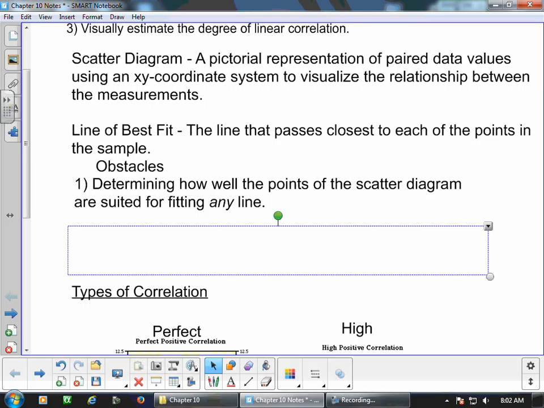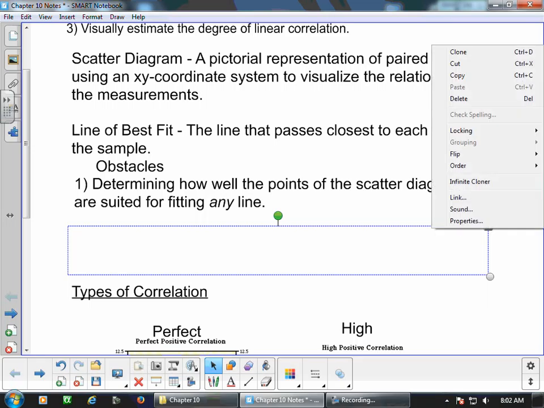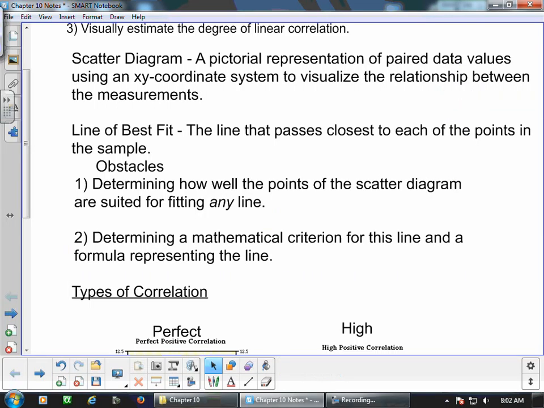The second obstacle has to do with, okay, if there is a linear pattern, then what's the mathematical criterion for this line, and a formula for representing the line? In other words, how do we then come up with that line? So first, does the data actually fit a line? Is a line a reasonable approximation?